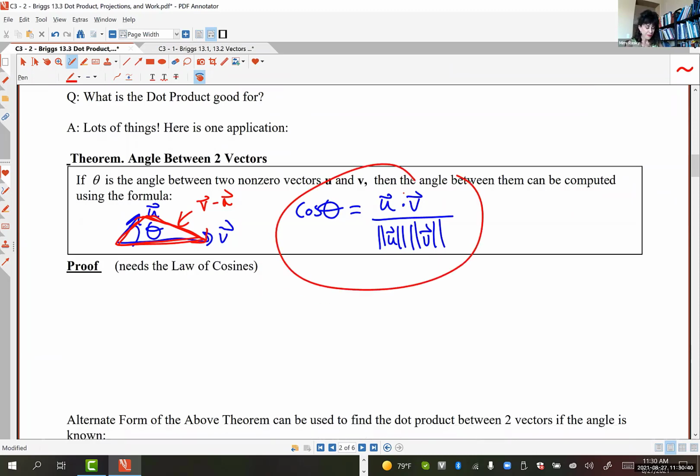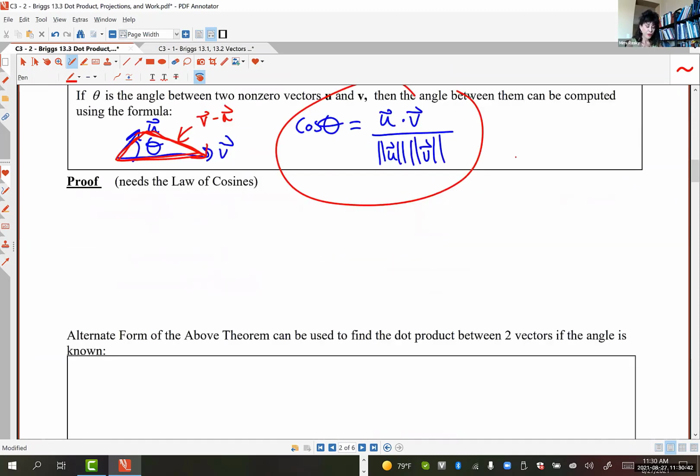Now, this formula is super helpful if you can figure out the dot product and the magnitudes, and then they're asking you for the angle between the two vectors. This angle I have here, please don't confuse it with a previous angle from a previous lecture where I was talking about 2D vectors and the angle that a vector makes with the positive x-axis.